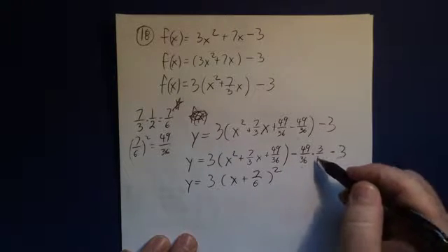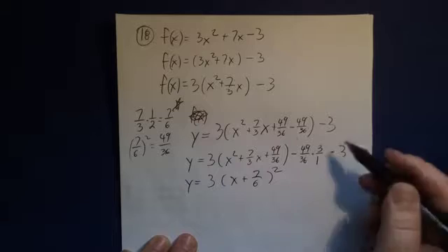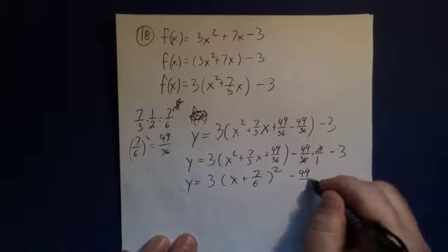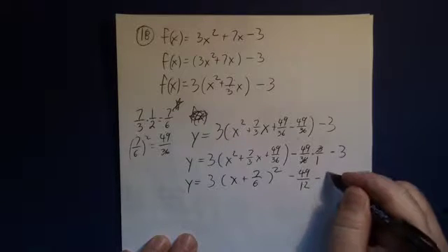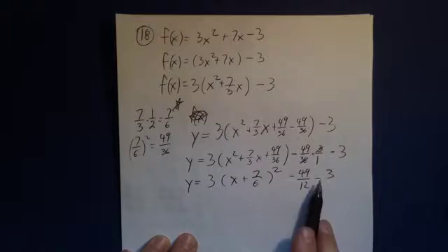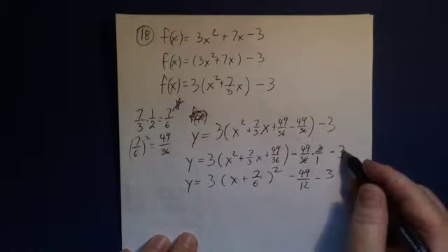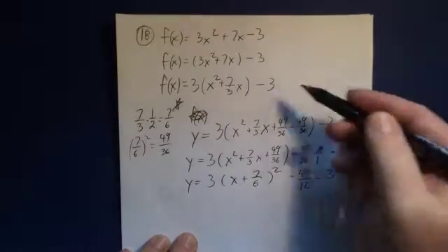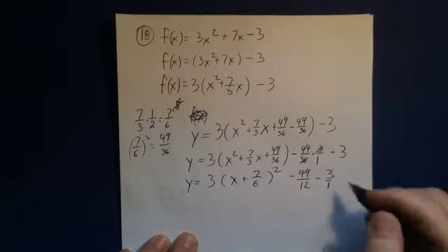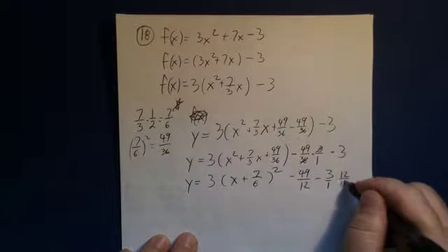So first off, we have 3 on top, we have 36 on the bottom, so that's going to give us minus 49 over 12 minus 3. So we have 2 negative quantities. We need to resolve the fractions of this. Probably the easiest thing to do is to write this original 3 from the beginning of the problem as negative 3 over 1. And let's multiply the top and bottom by 12.